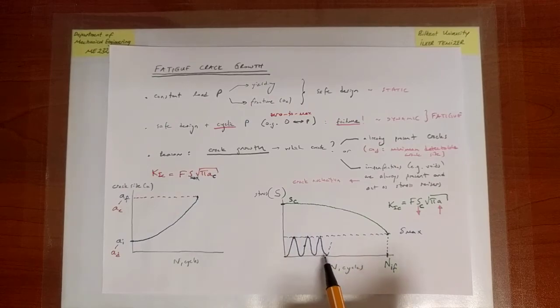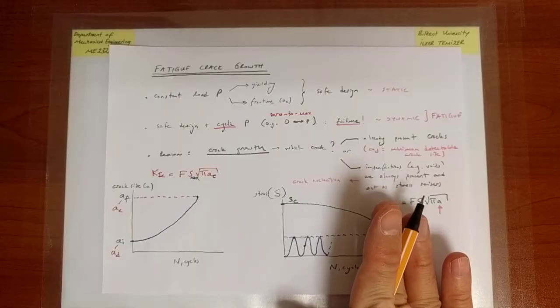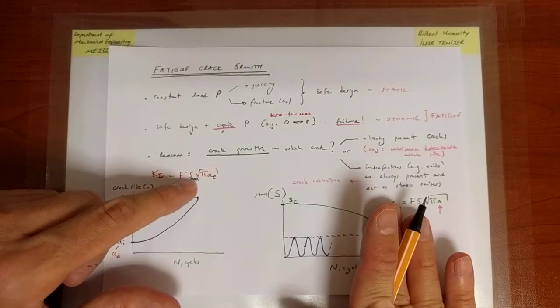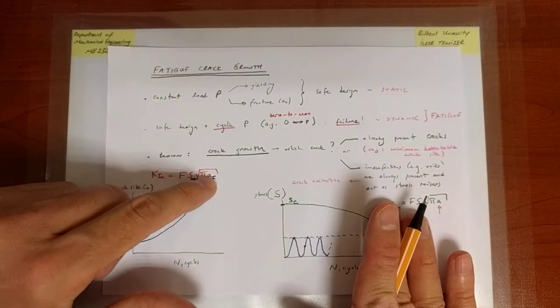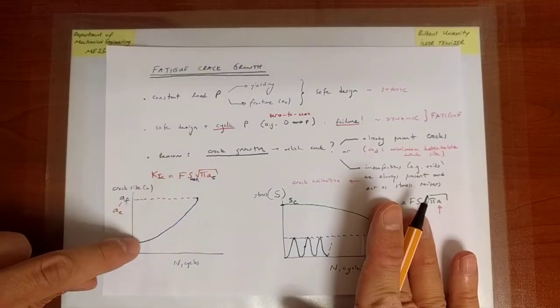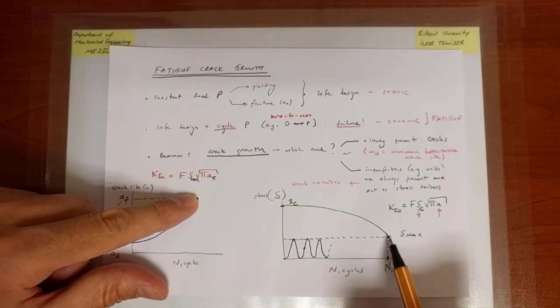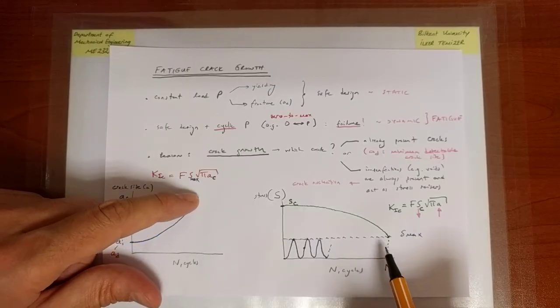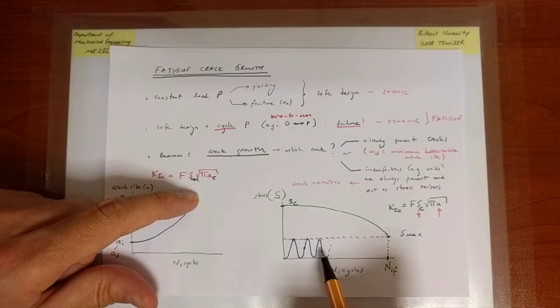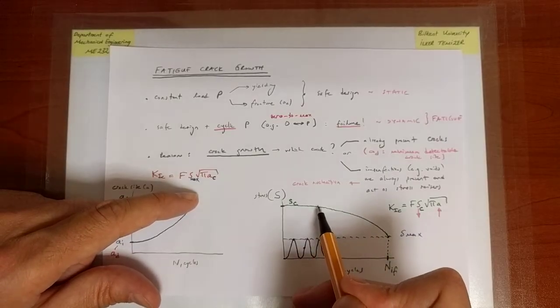The load varies 0 to some S max. At any stage before I reach that, S max is not going to cause fracture because the size of the crack is less than the critical size, but the crack is growing, and there will come a point when the crack is large enough for fracture to occur. At any stage of loading, I can actually increase the load to a value.